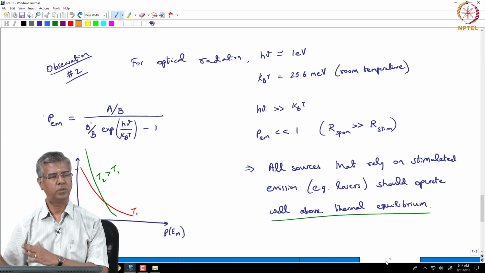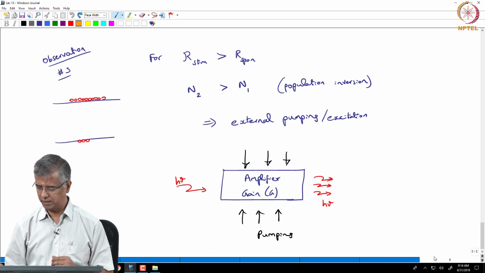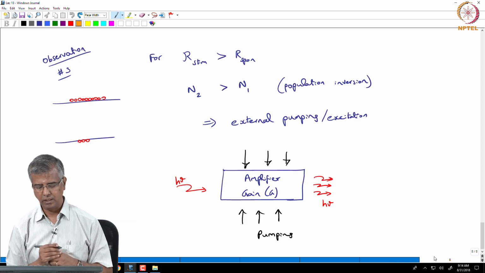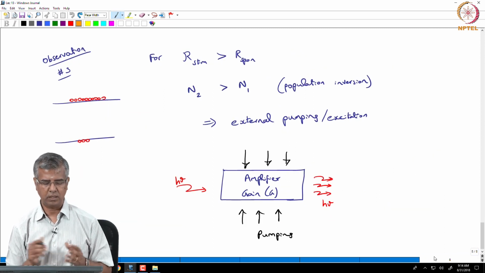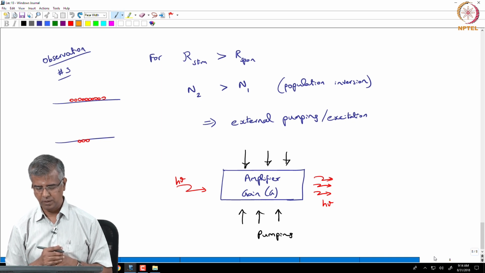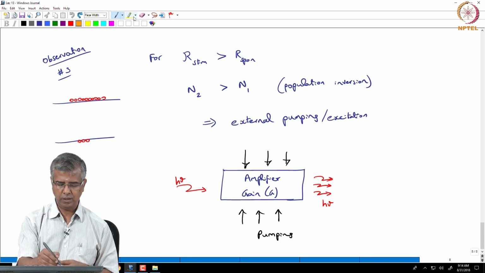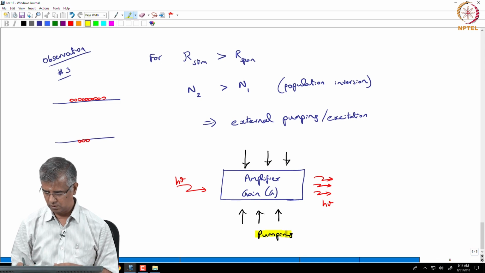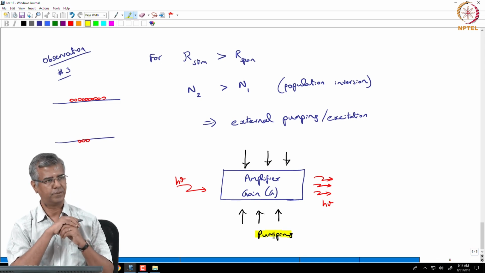we can get out of thermal equilibrium, and that was our observation 3, where we said we can get out of thermal equilibrium if we use this external pumping, right.